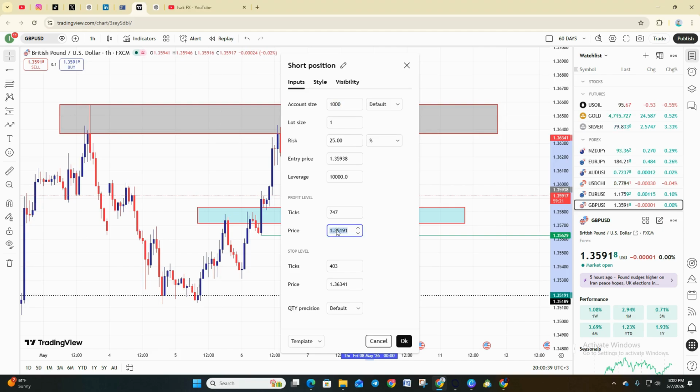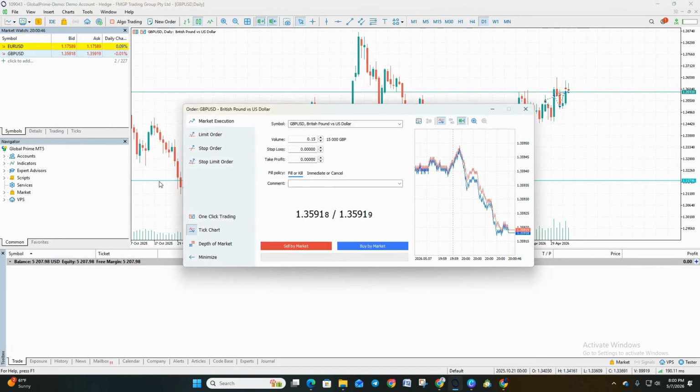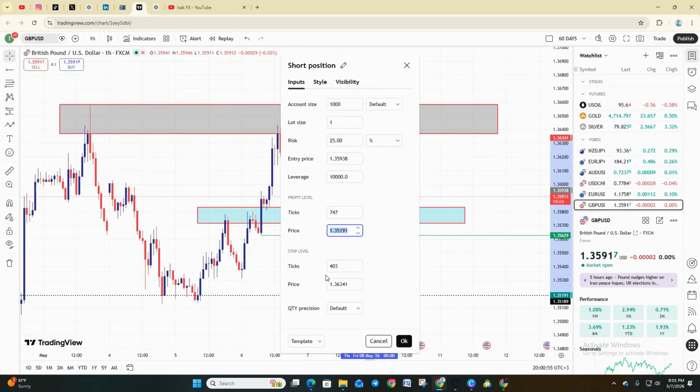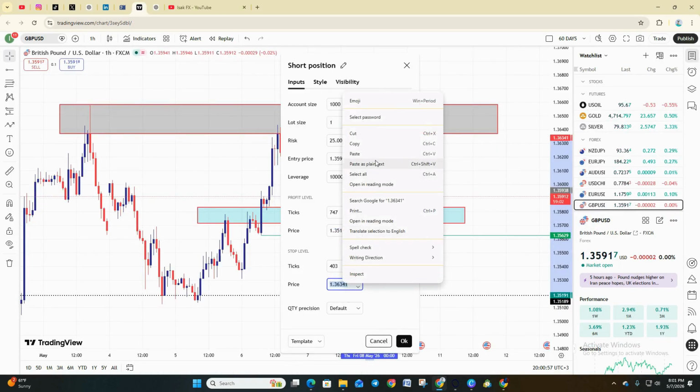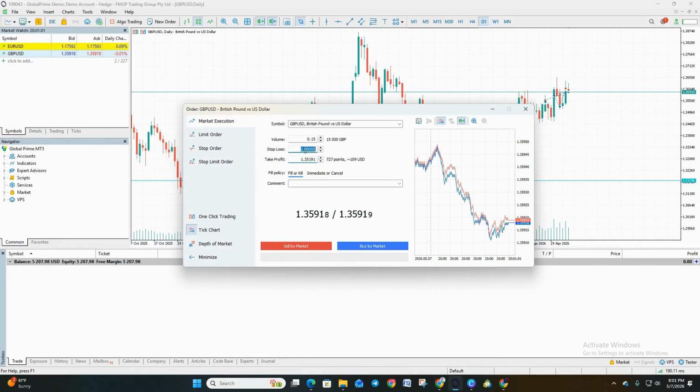So for my profit level, let's just copy this one and we'll put a trade on here, new order. We'll first copy the take profit around $108 and the stop level just like that.